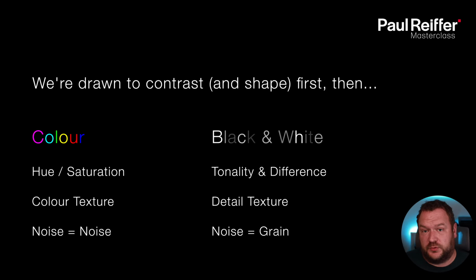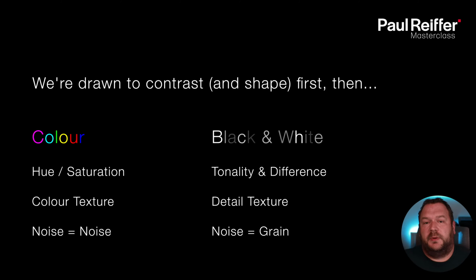But actually it's true. In black and white terms, by removing the ability to focus on different hues, different saturations of colours and different elements, and just focusing on tonality and the differences in those areas, our mind becomes more focused.